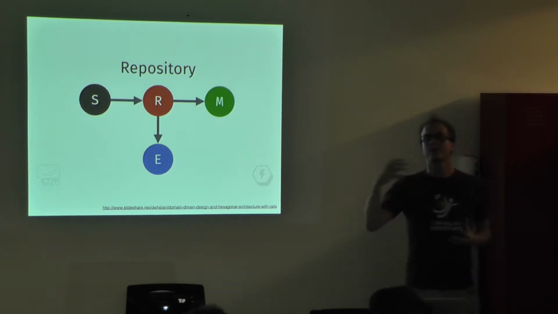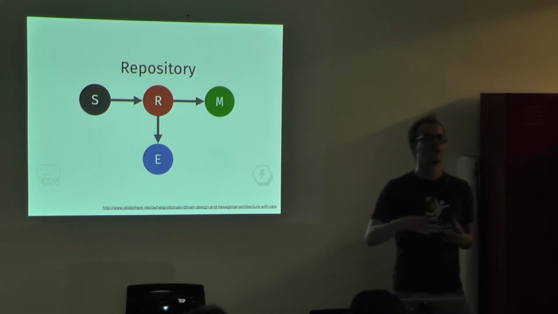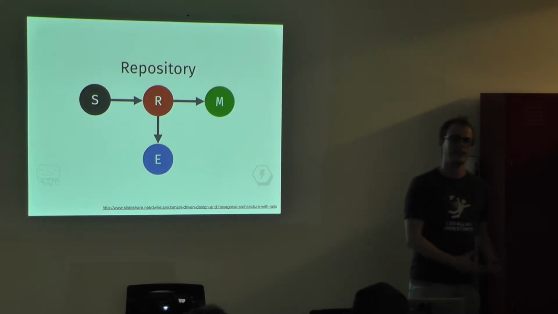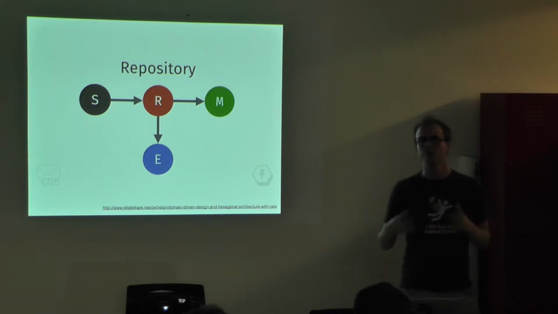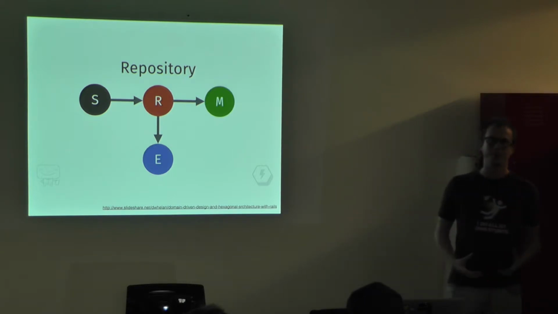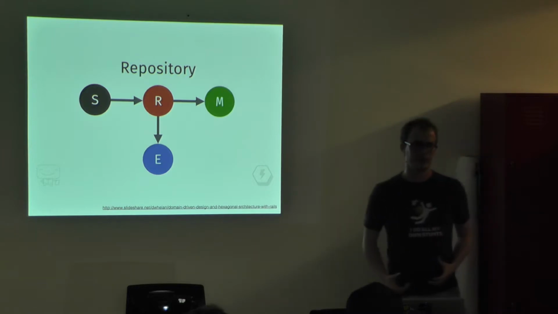They will never return active record objects. They will never return an object with persistence logic in it. Active record should not be something that escapes the repository if you want to use active record.